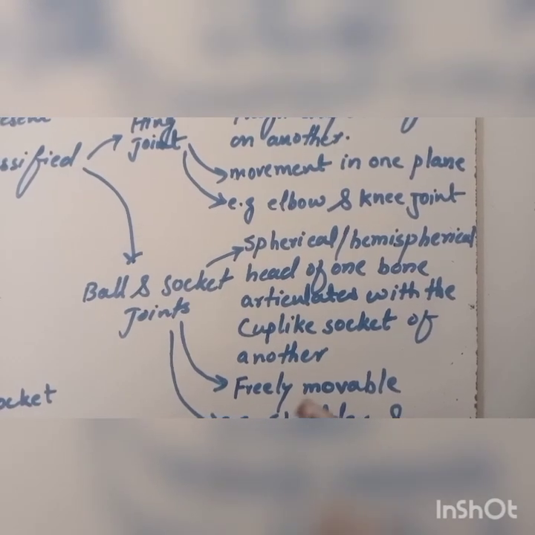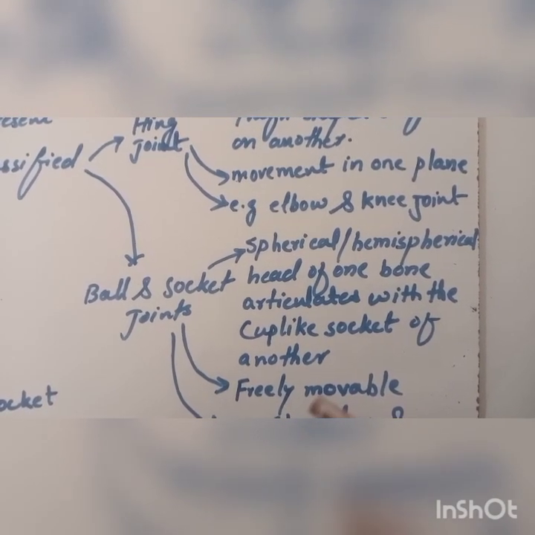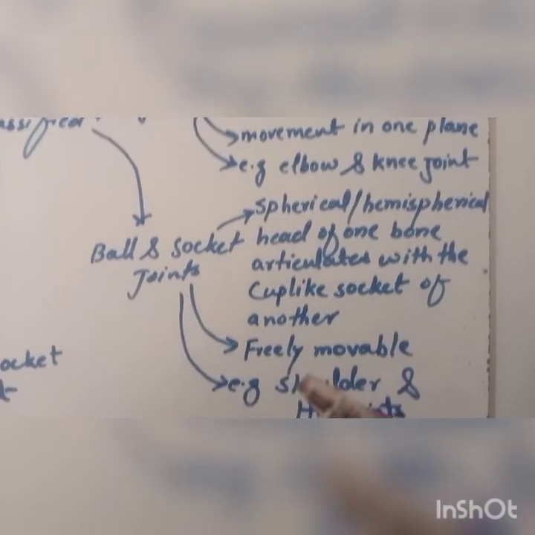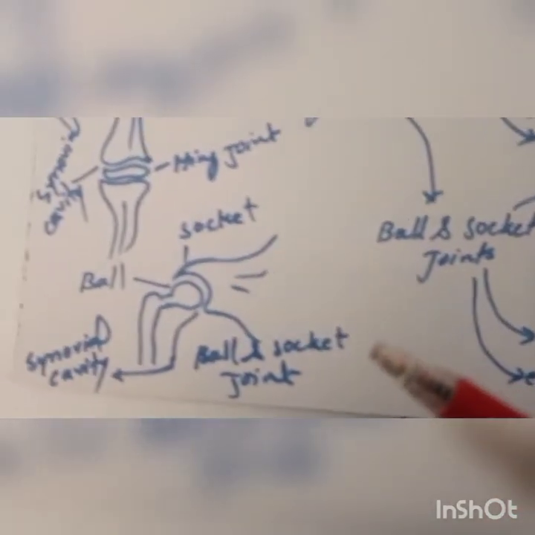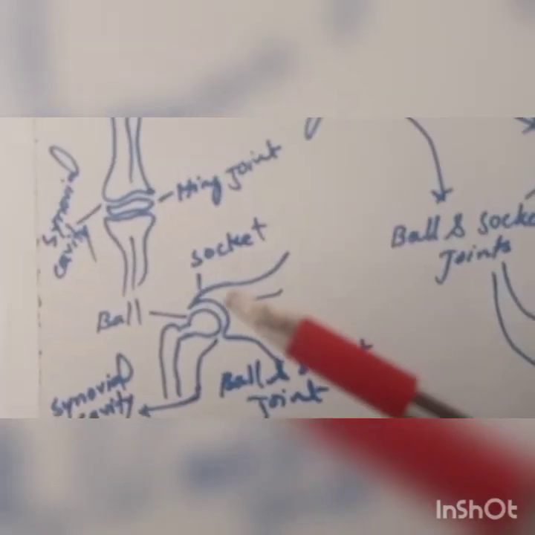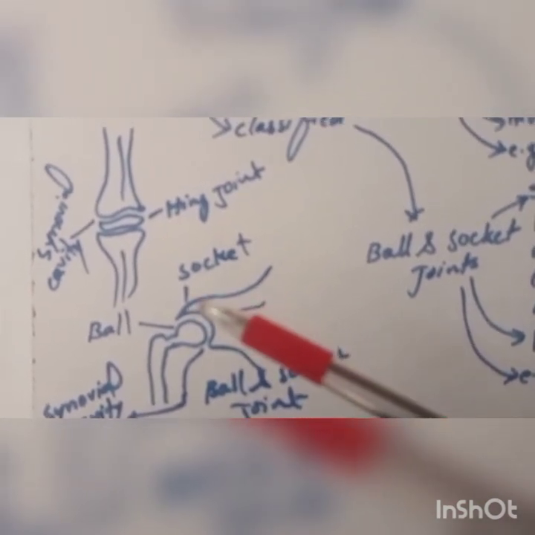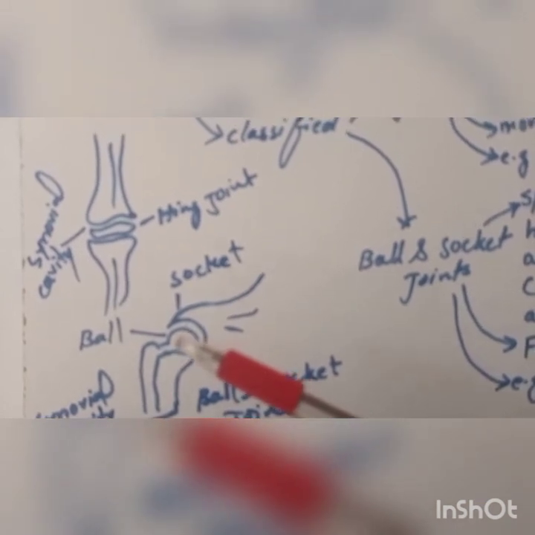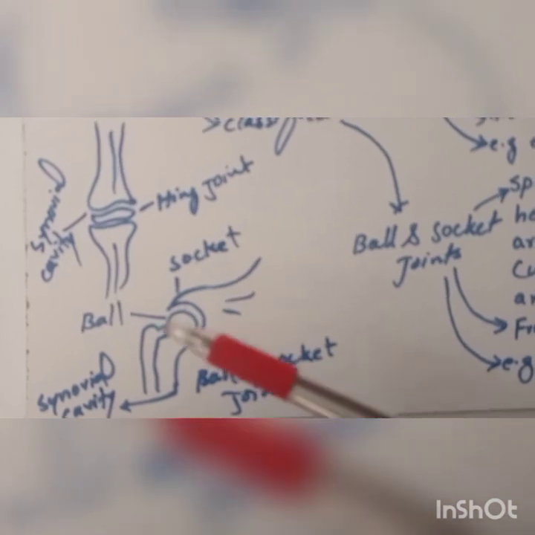These joints are freely movable, meaning they move in all directions. And these are present in the shoulder and hip joints. Look at the figure. There is the socket and there is the ball. Here the synovial cavity is present.